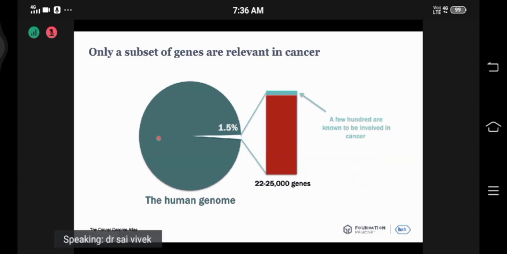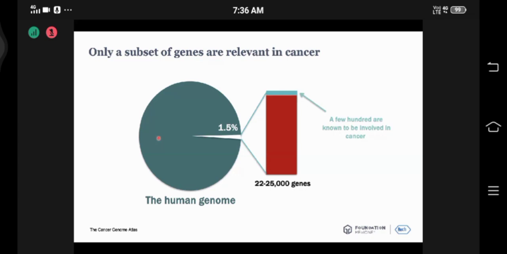Our human genome is huge, but we know that only around 20 to 25,000 genes are the ones which encode for proteins. Amongst these 22 to 25,000 genes, only around 1.5 to 2%, a few hundred, are known to be involved in cancer. The 2 types of genes that we commonly refer to are the oncogenes and the tumor suppressor genes.